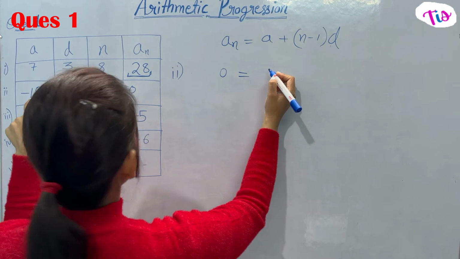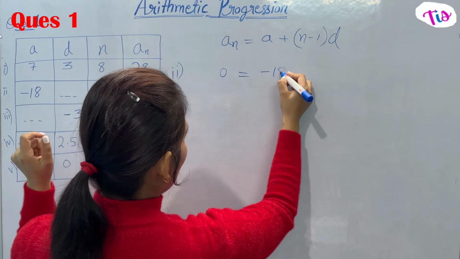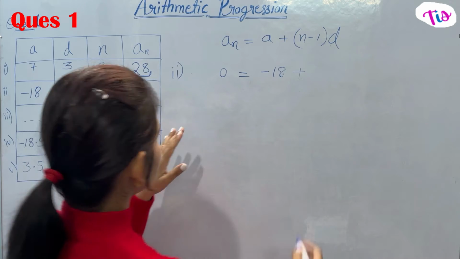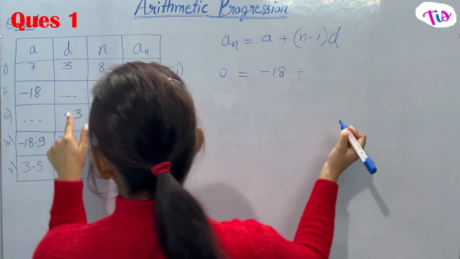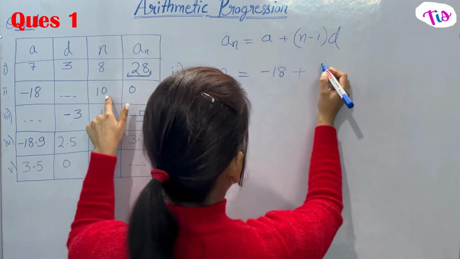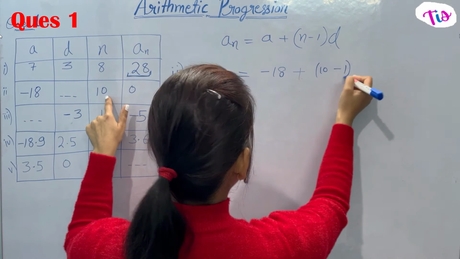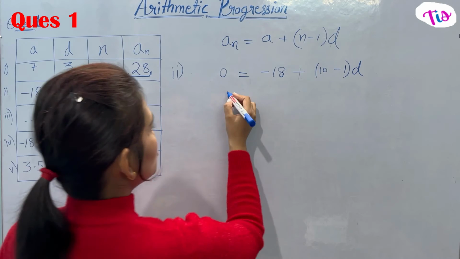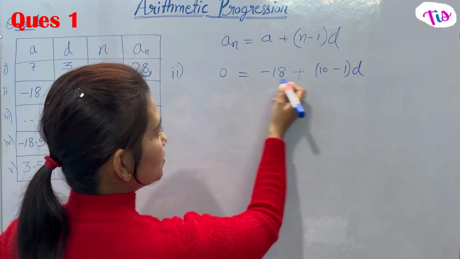So 0 is equal to minus 18 plus n minus 1 d. Here n is 10, so 10 minus 1, and d we don't know, we need to find d.